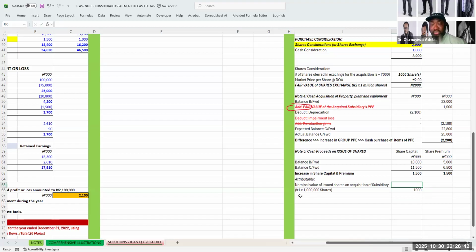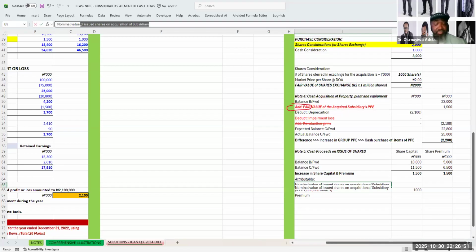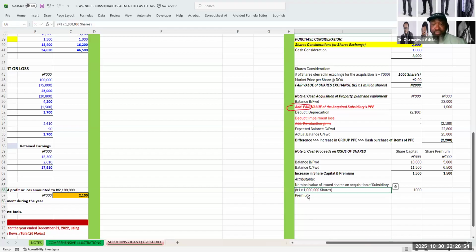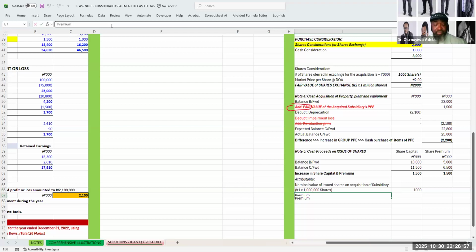Also, premium on issue of shares: the premium is 2 naira minus 1 naira, which will give us 1 naira.